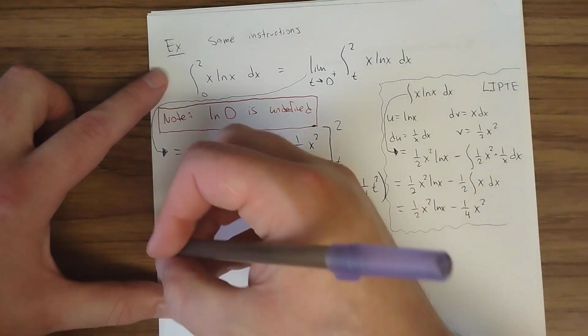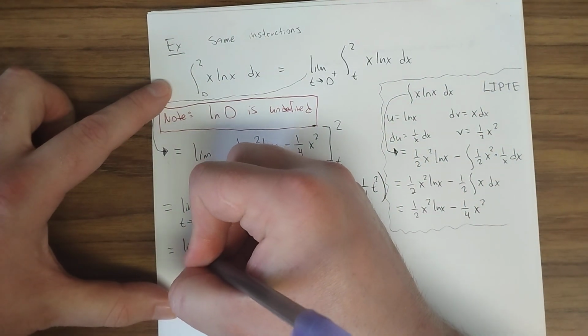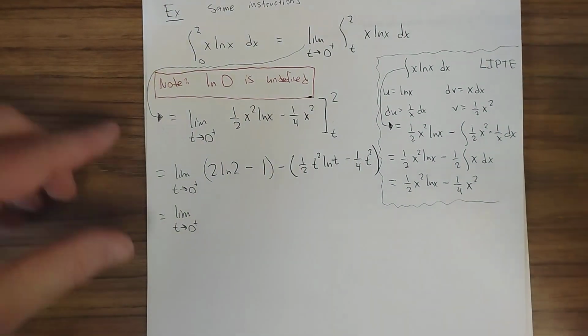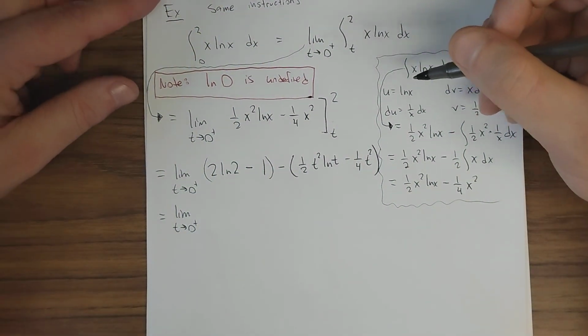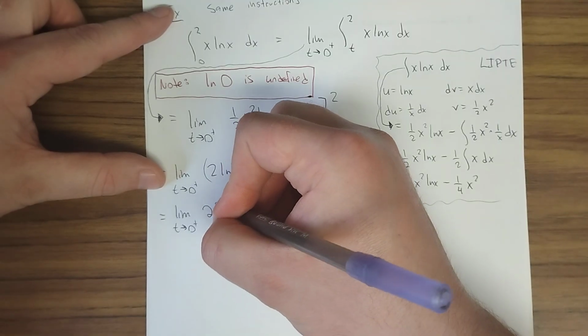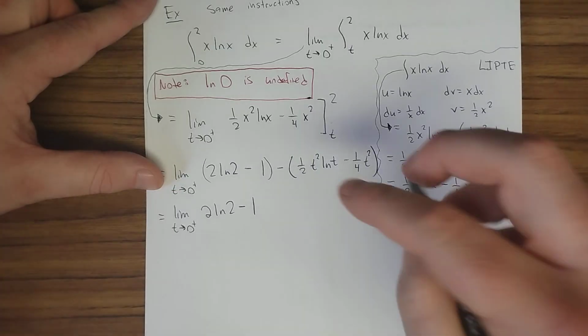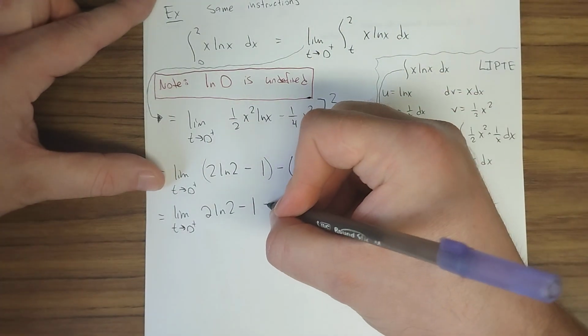Okay, actually, let me do another easy step. Yeah, there's barely anything that's going to happen right now. I'm just getting rid of the parentheses. So these parentheses never did anything, and I'm going to distribute this negative sign.